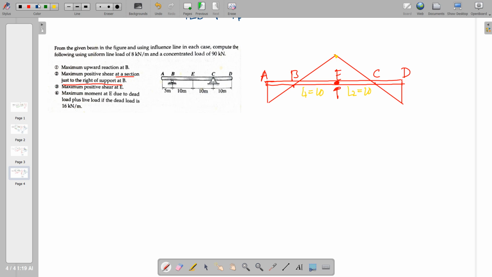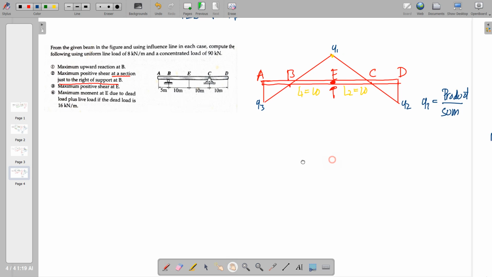See, this is Y1, Y2, and Y3. So Y1 is computed by Mueller-Breslau equal to product all over sum of L1 and L2.